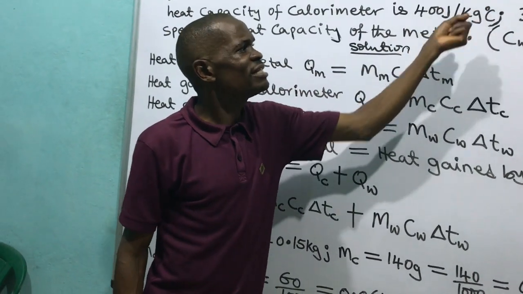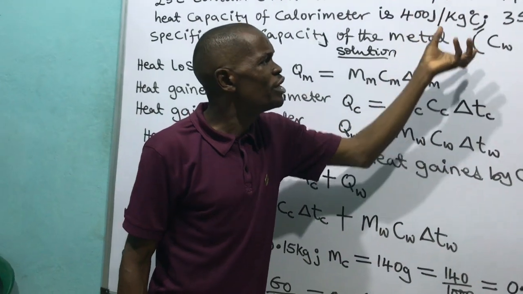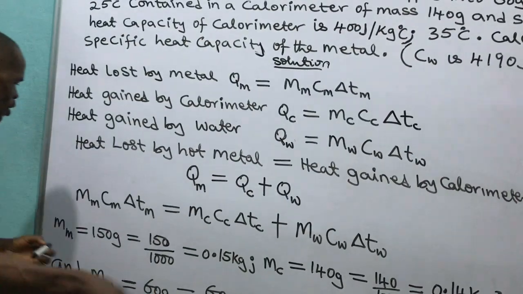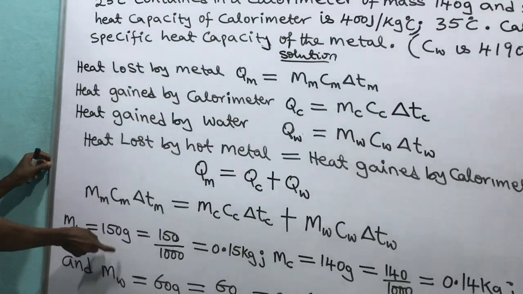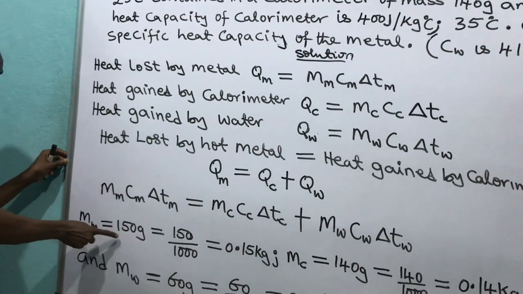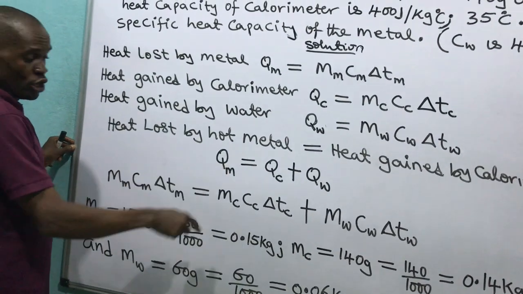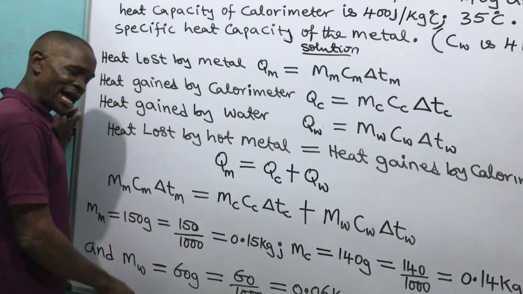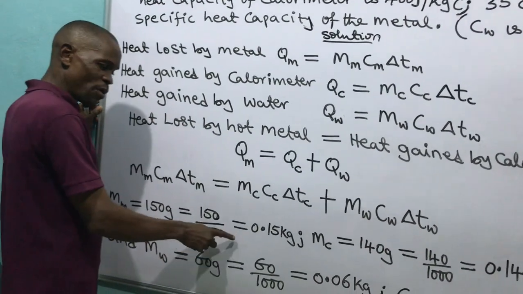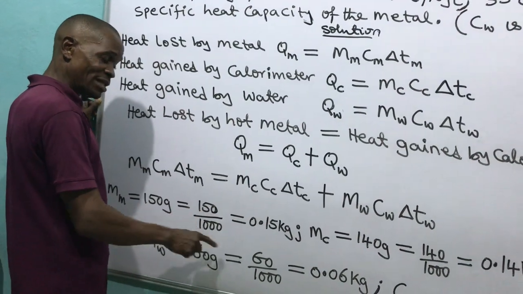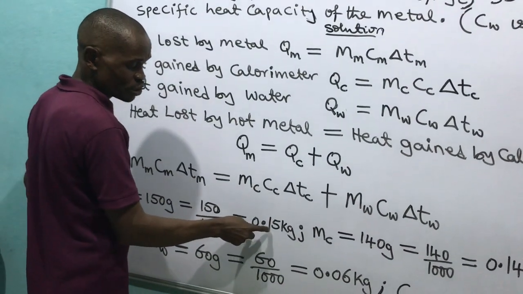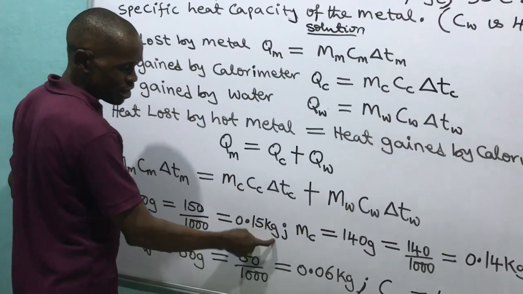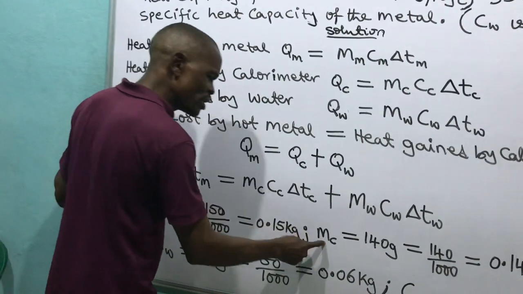That means everything has to be in kilogram. So I have to change this 150 to kilogram. How do I do that? I divide 150 by 1000. When I divide 150 gram by 1000, it gives me 0.15 kilogram.